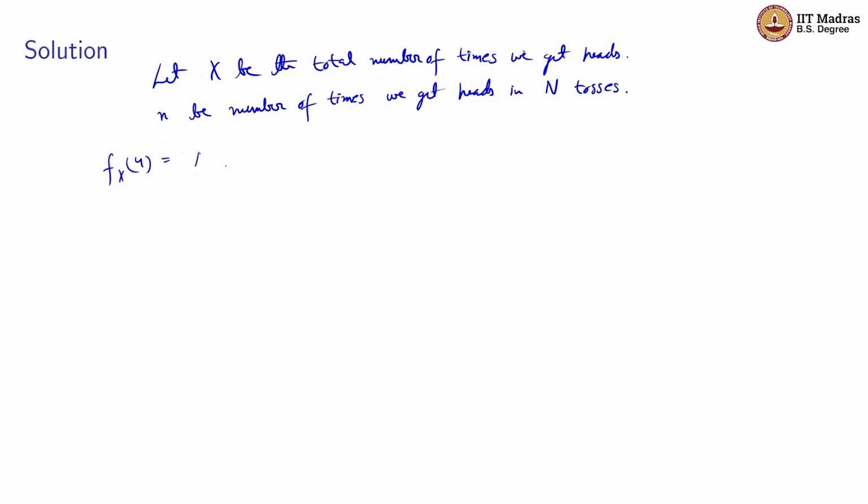So this is equal to the joint probability that capital N is equal to 2 and small n is equal to 2, plus the joint probability that capital N is equal to 3 and small n is equal to 1, plus the joint probability that capital N is equal to 4 and small n is equal to 0. And this joint can be written as the product of conditional and marginal.